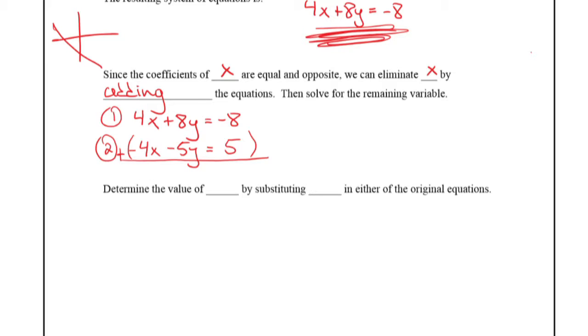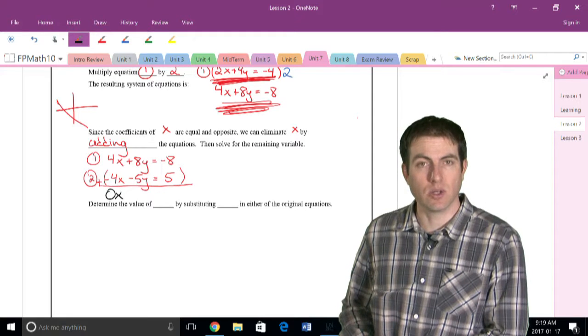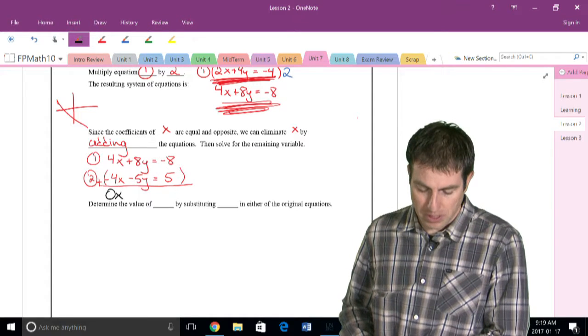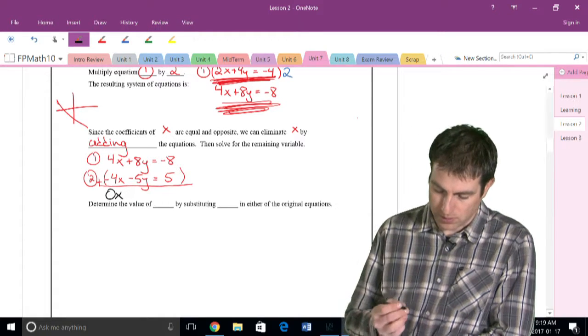So 4 plus negative 4 is going to give me 0x. Now this is called solving by elimination because you're always trying to eliminate one of your variables. If you can't eliminate one of your variables by adding or subtracting your equations, you're not solving by elimination. The idea is you need to get rid of one of the variables in order to solve the system.